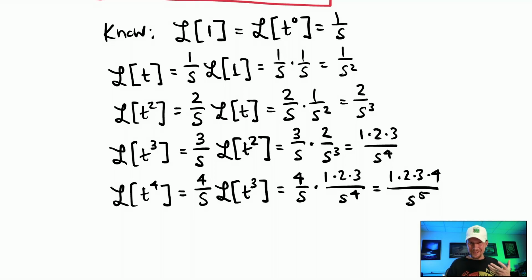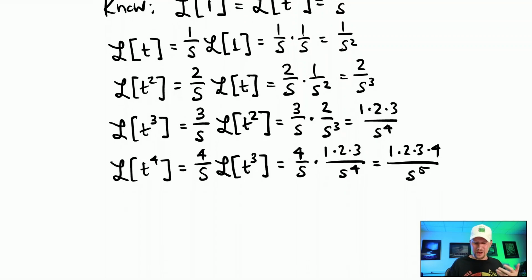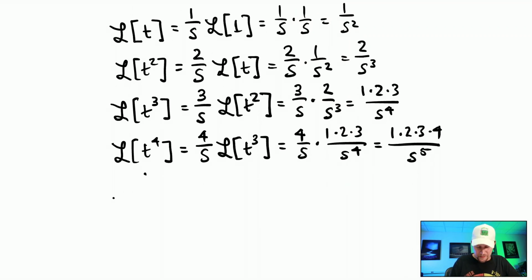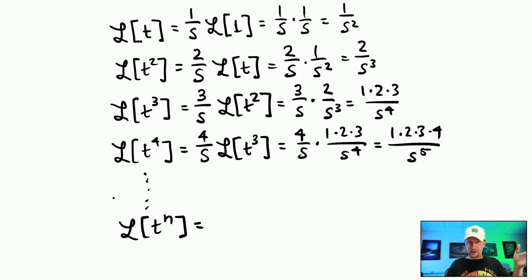And hopefully you can actually see the pattern here. The pattern should be pretty apparent, right? If you keep on doing this, for the Laplace transform of t to the n, you have to multiply all of the integers from n all the way down to 1.